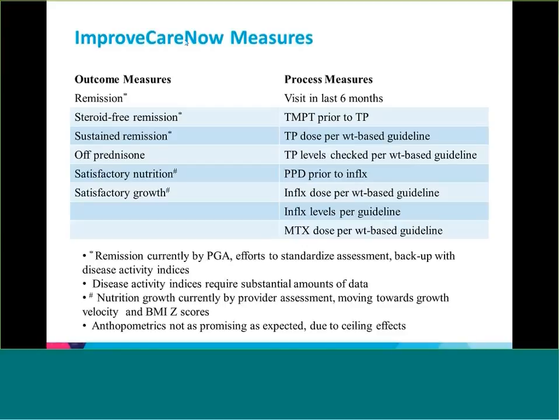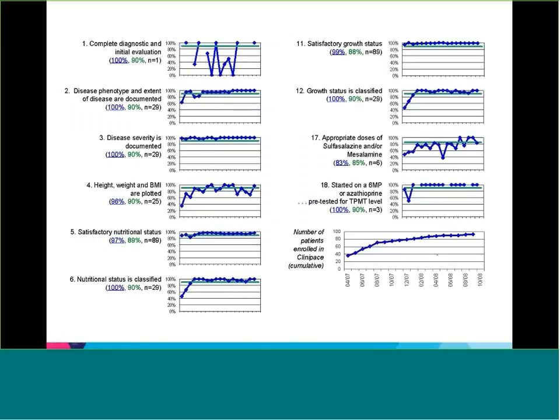The Improve Care Now group started before Humira was even available, let alone Cimzia or Simponi, and so that would expand. Similarly, whether or not infliximab levels were checked according to guidelines, and whether methotrexate dosing was weight-based according to guideline as well. And so they've done this, and then here's what the output of these kinds of things looks like.